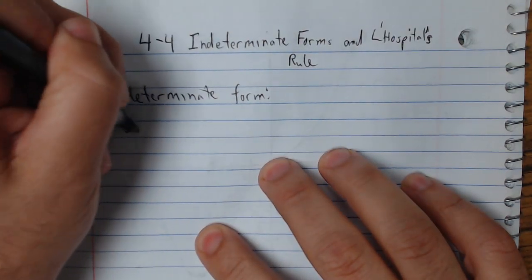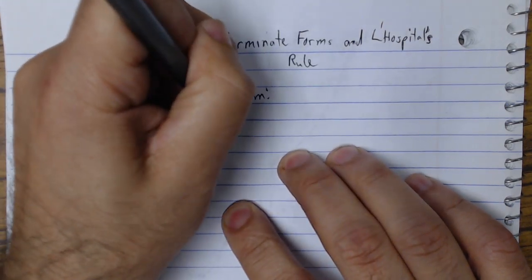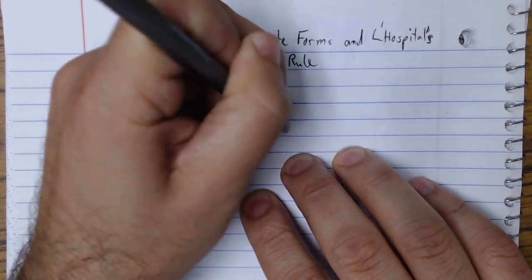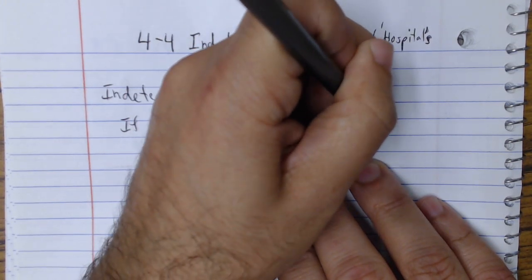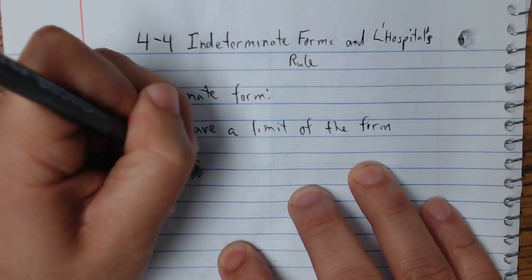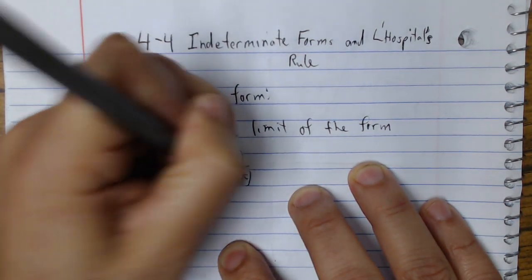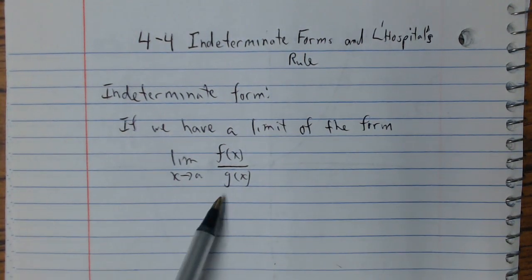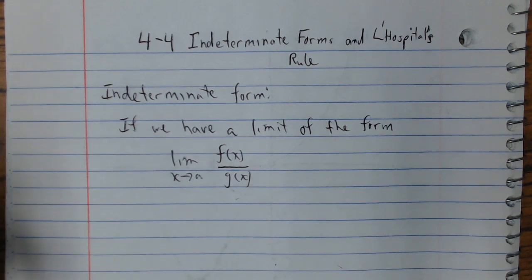So if we have a limit, let's say the limit as x approaches a of f of x over g of x. None of this should look new to us. We've dealt with limits, and this is specifically taking a ratio.